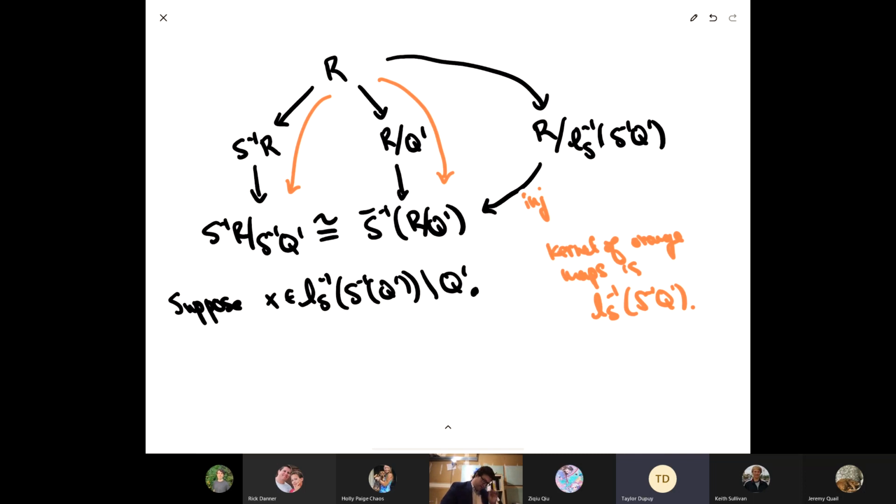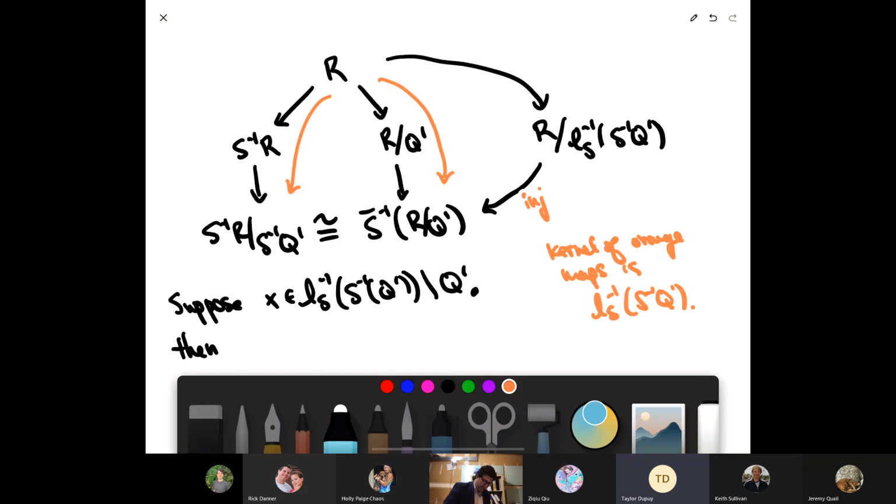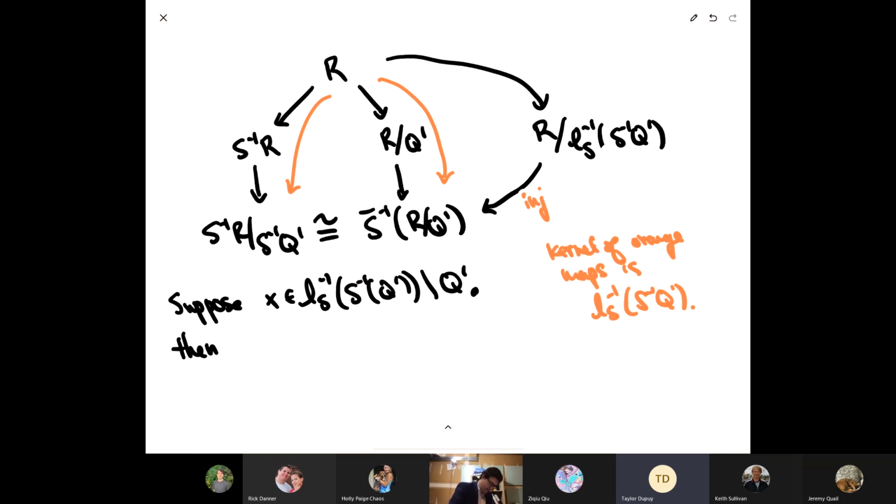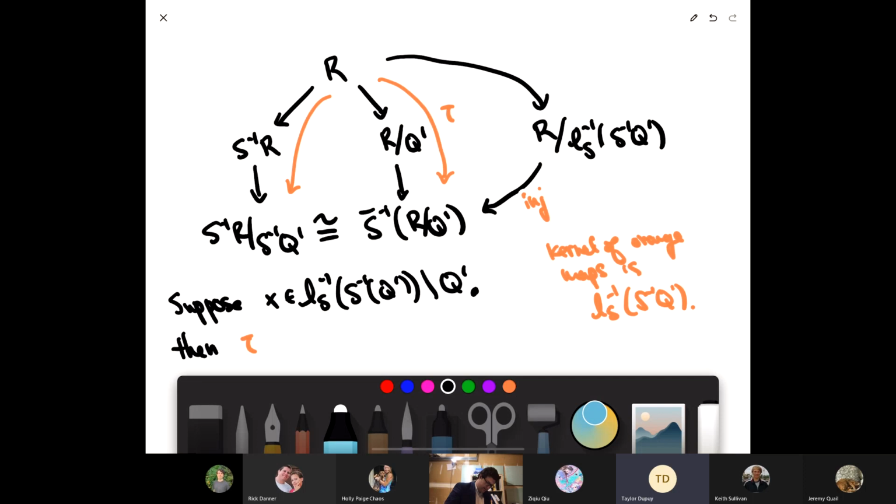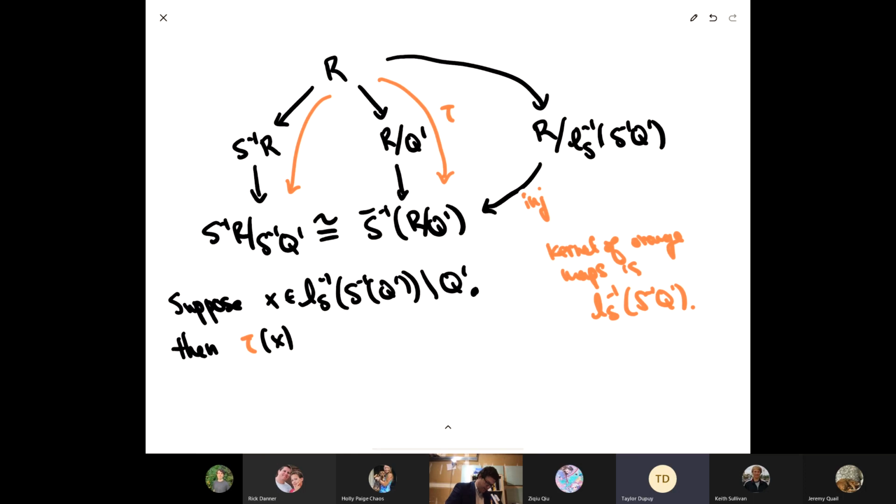I don't know what to call the orange map, we'll call it tau. Then tau of X is equal to 0, that's what it means to be in there.